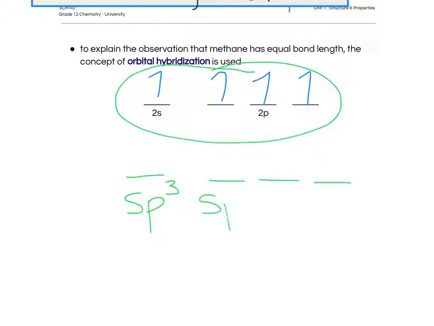So we have 4 orbitals, each 1 part s and 3 parts p. The important thing here is that each of these orbitals is identical and will create 4 bond lengths that are of equal length. That's the idea.